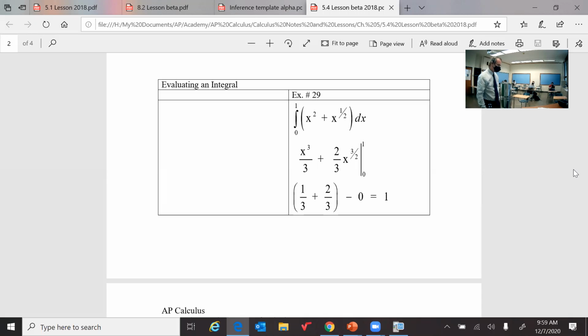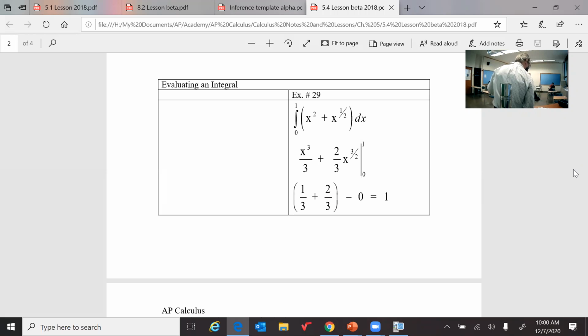Now, we're going to move to example 7, which is just a calculator question. I'm looking at example 7. There's a picture on page 301. Type that in there, and what? You would get a 0. Why? Because the graph's symmetric about the x-axis.